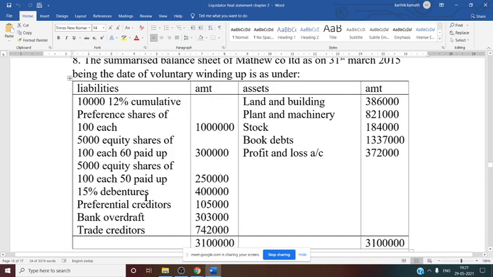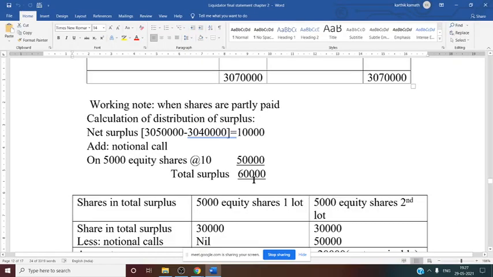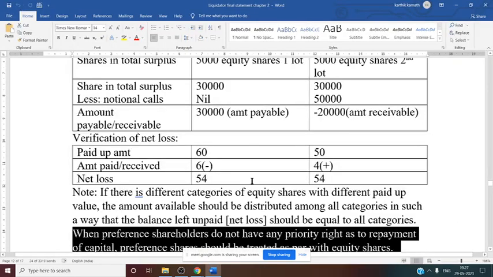In that case, while calculating this surplus working note, you have to consider preference shares also. Why? Because whenever they do not have any priority, you can treat those preference shares as equity shares. In this problem they have not given this. If they have given, I will tell you how to do it.